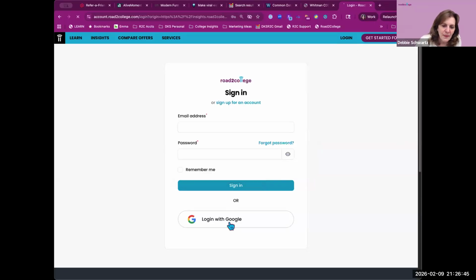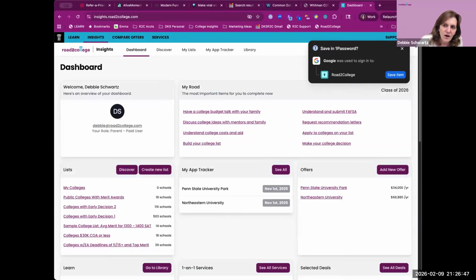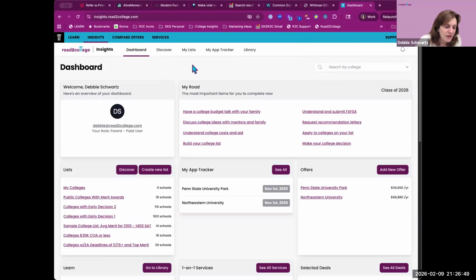So that's why we created our tool called Insights, because we have all of the important information related to the common data set that I showed you tonight. We don't have every piece of common data set information, but we have the information from those admission factors that we talked about. We have obviously the admit rates, we have yield rates, we've got what percentage of the class accepted early decision. We have merit scholarship numbers.